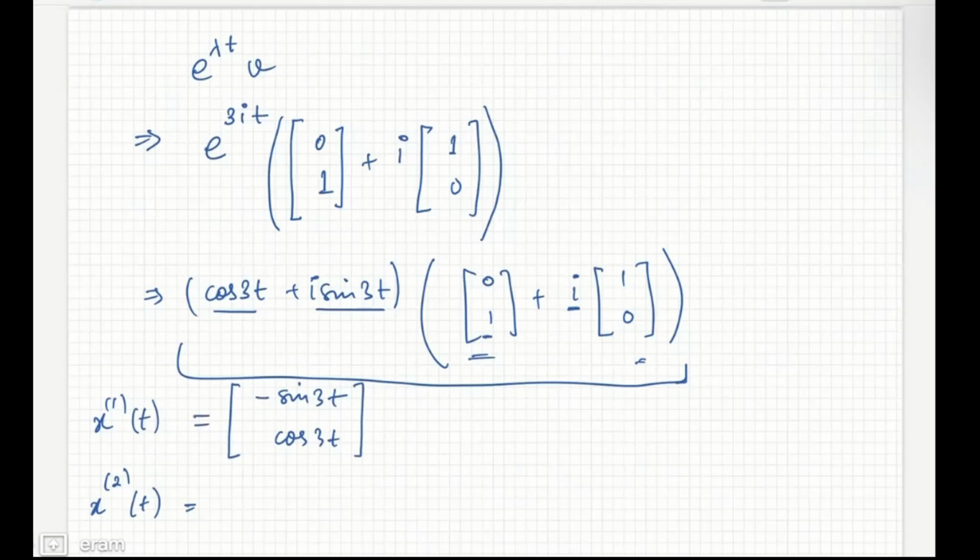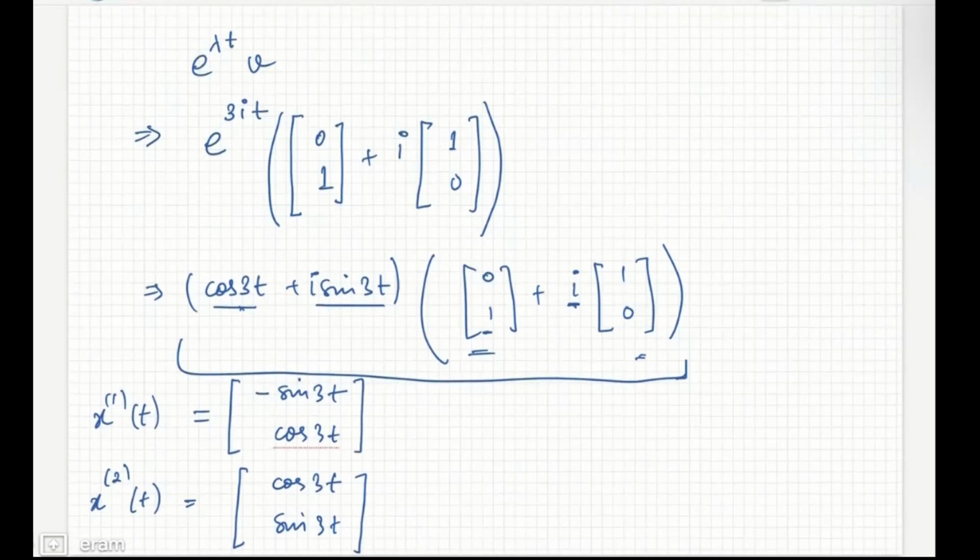The imaginary part will be 0, and i sin 3t gives sin 3t, and cos 3t. And then the next imaginary part will be sin 3t. Is it correct? I think so.